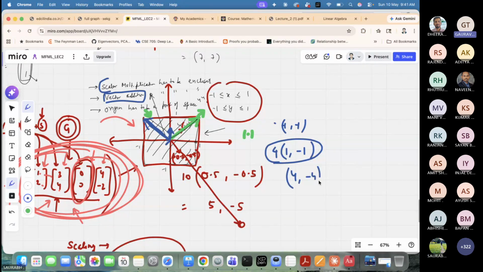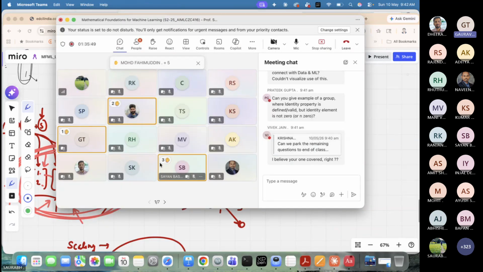So 4 and -4 is way beyond this entire space. It will be somewhere here. So this is outside the space. You don't even have to think about the second vector. The scaling of the first vector itself is outside the space. Okay. So we don't have to consider the second vector at all in this case.